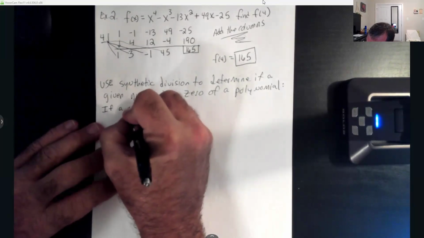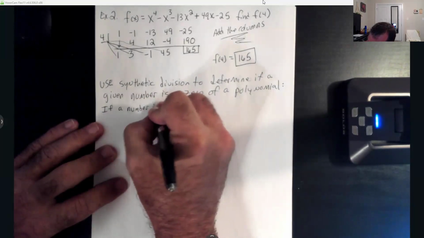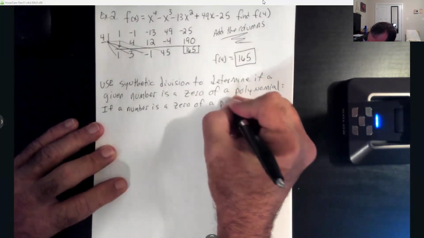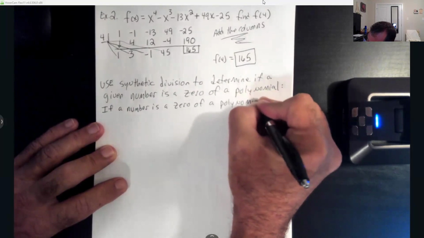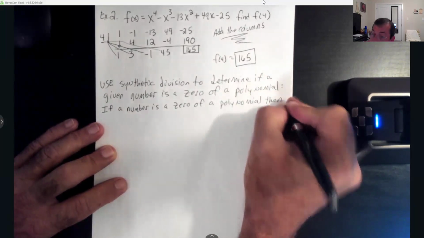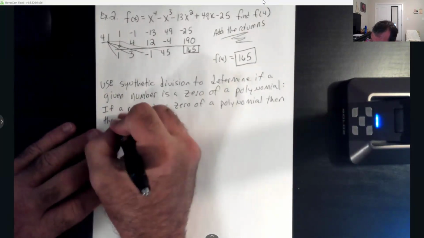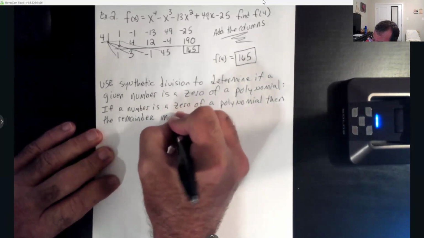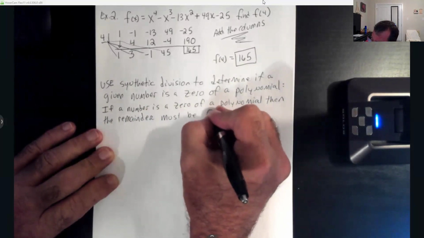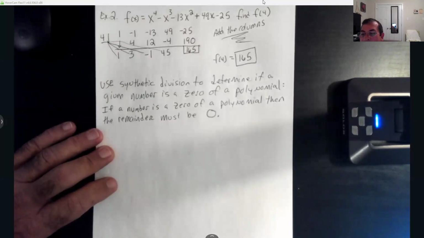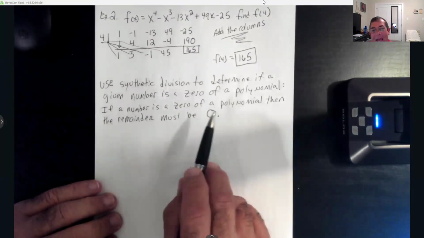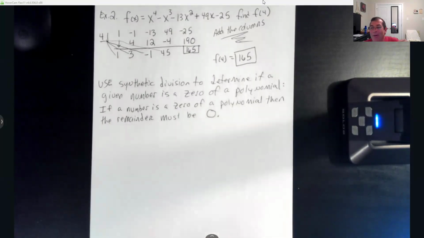So if a number is a zero of a polynomial, then the remainder must be zero. So once again, if it's a zero, it's got to have an answer of zero. Just like all those solutions we've been doing this year.